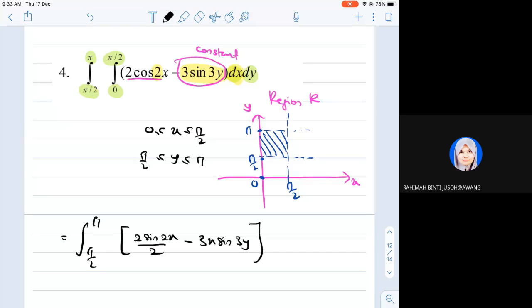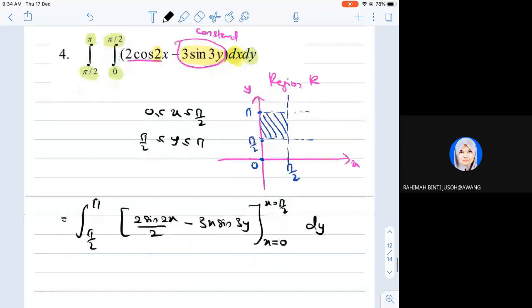Okay, and now what do we substitute? x or y? The limits of x. X equals 0 and x equals pi over 2, dy. Now this part we can cancel.